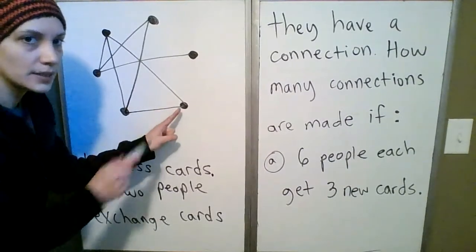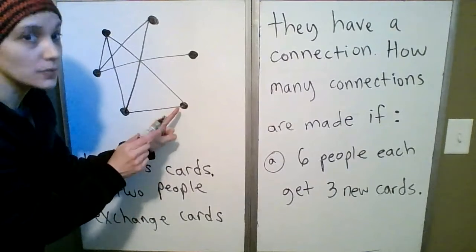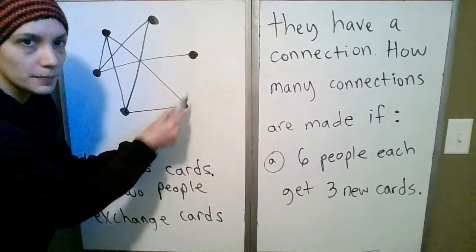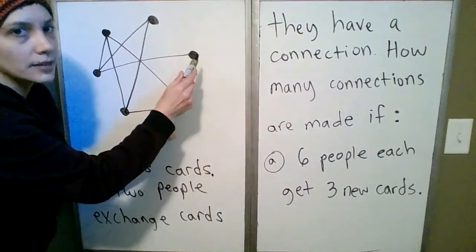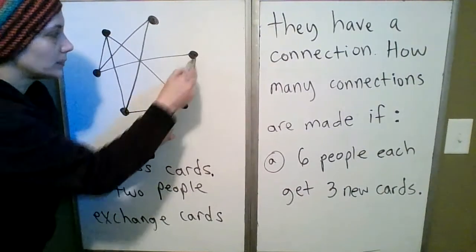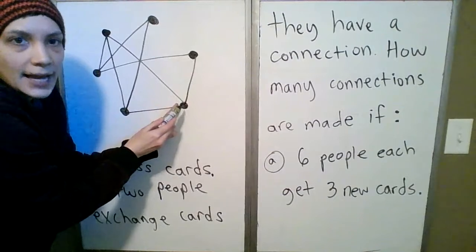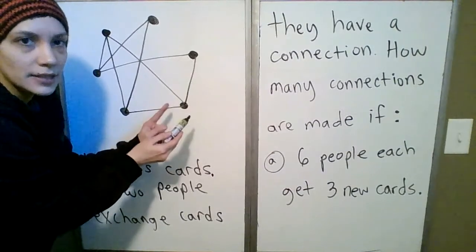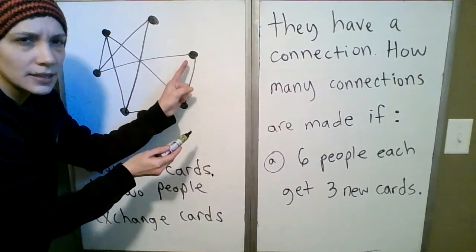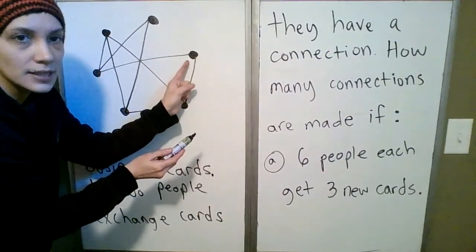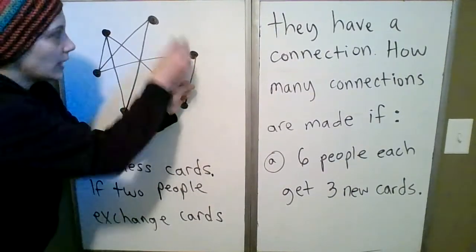So they've got 3 cards, and that's what we need from that vertex. This person has 2 cards, but we want them to have 3 cards total. We're going to have them get another card from the person over here on the edge. And that has 3 cards, so that's good. We're on our second to last person. They've got 2 cards. They need 3. And this person has 2 cards.